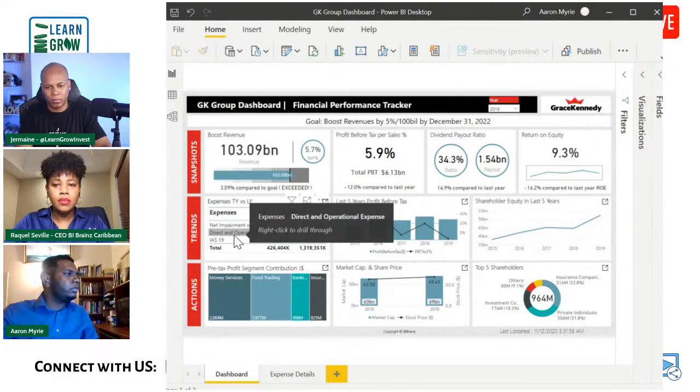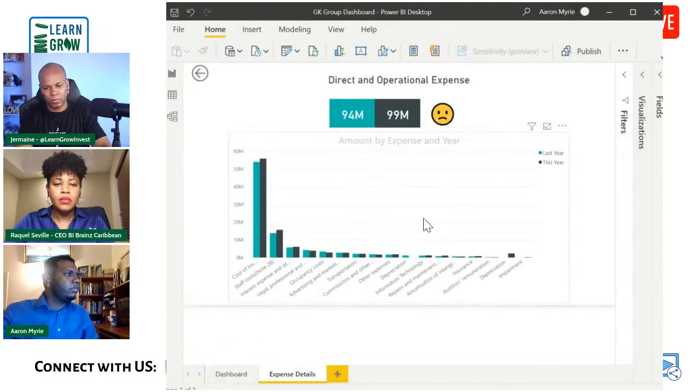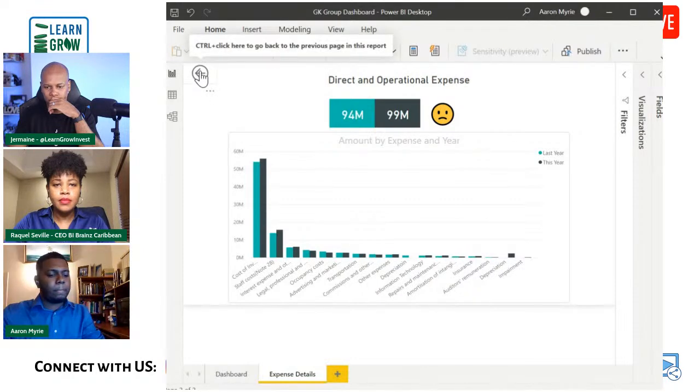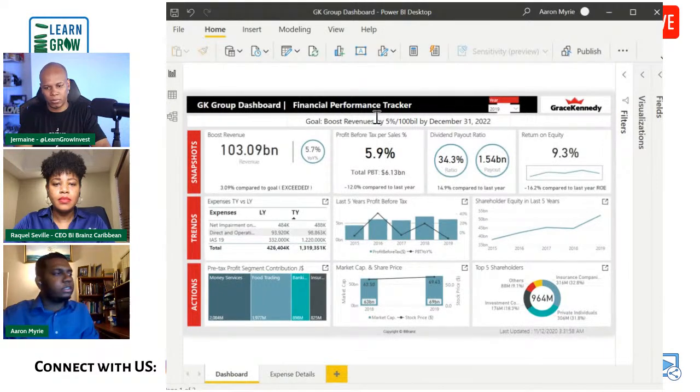You can do a drill through, for example, direct and operational expense. And here's a breakdown of the expense compared to last year.